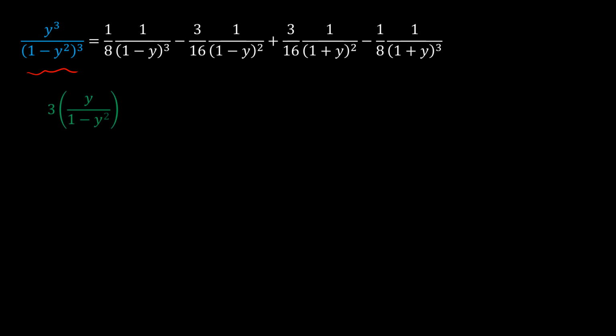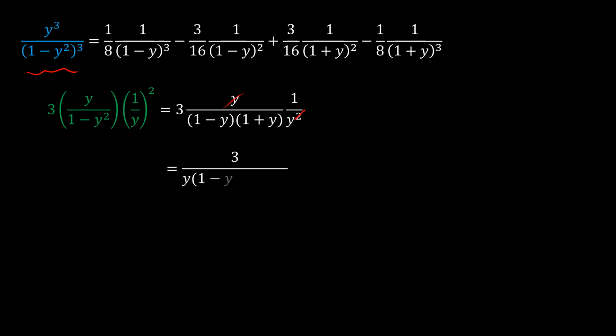So the green component is now more interesting because it's 1 over y squared, 1 over y squared here, so we can cancel this with this, and so you're left with 3 over y times 1 minus y times 1 plus y.